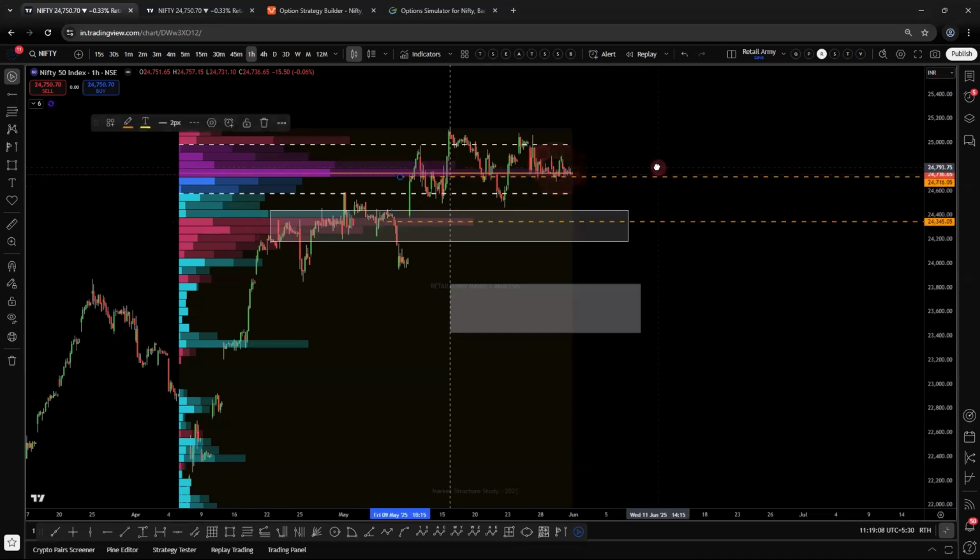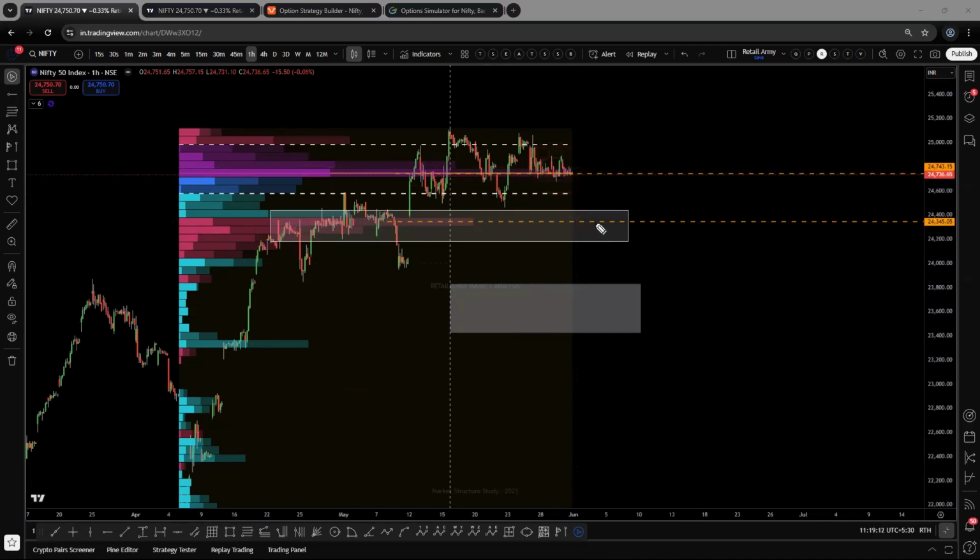There is a new POC here, point of control. But the earlier POC is not yet tested again. The earlier POC still has not been tested, but there has been a POC shift. This is where I'm telling you, have some patience. This is a pending POC. It will 100% come and test. But the doubt is, sir, why has it not tested? Immediately it has to test, right? No, it does not have to be immediate.